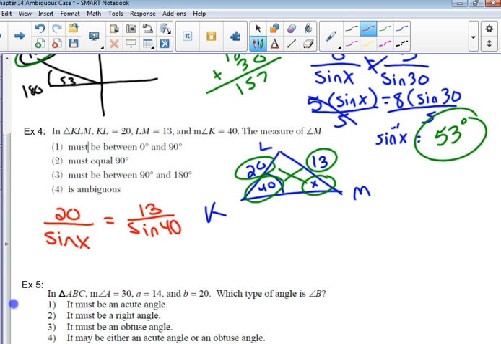Anybody need to tell us the angle? Are you guys getting 81? Yeah, please.